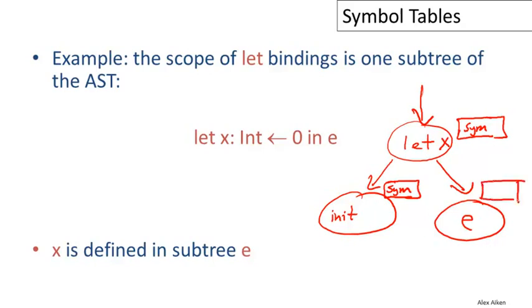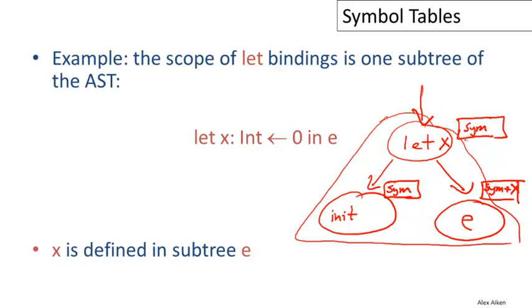But when we do that, we're going to pass in the set of symbols that are in scope, but also X is now going to be in scope. So X is going to be added before we process E to the set of symbols. And then when we return from the subexpression E, it's going to be removed. And so we'll restore the symbol table to its previous state, so that after we leave this subtree of the abstract syntax tree, we only have the same set of symbols defined that we had before we entered it.